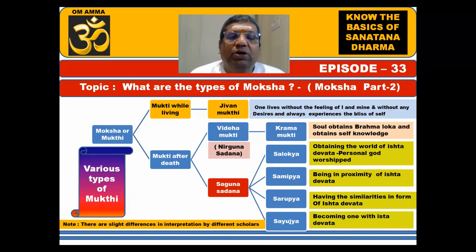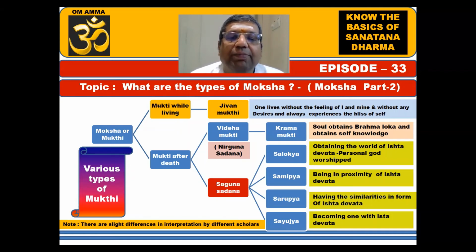Now, dear friends, Saguna Sadhana: we surrender ourselves to the divine or to the personal God or to the Ishta Devata, and as per our desires, we seek his presence. Our desire will be only to be with him. When we seek his presence, naturally we go to the Loka. Obtaining the world of Ishtadevata, our personal God, is Salokya Mukti.